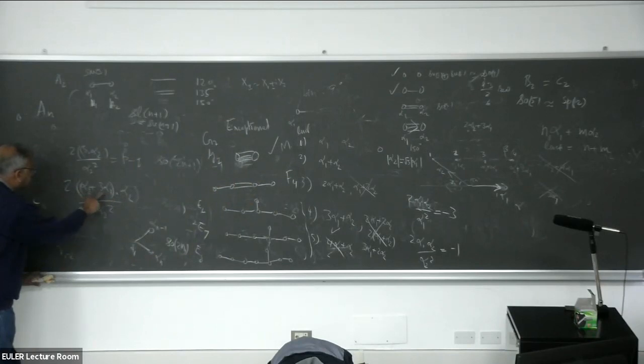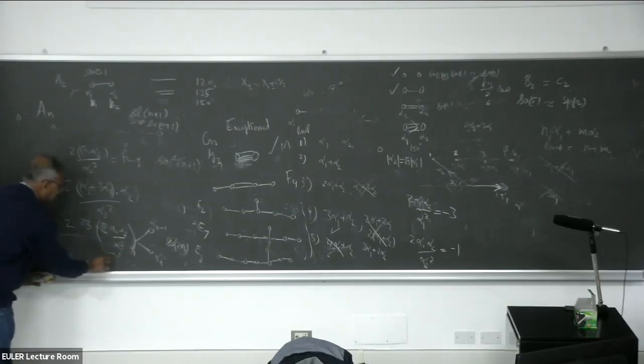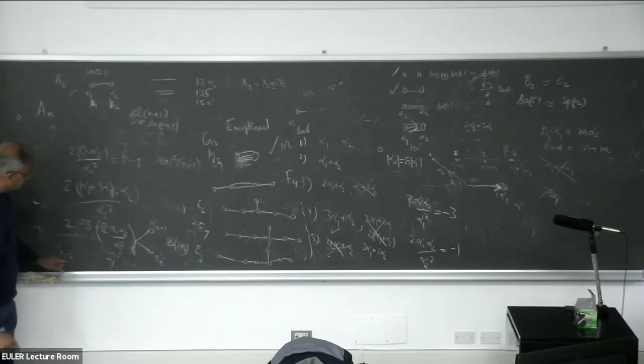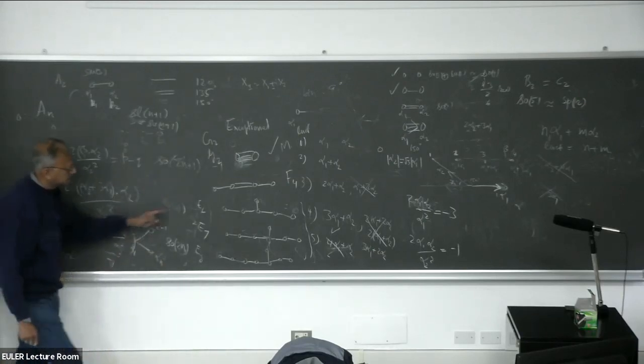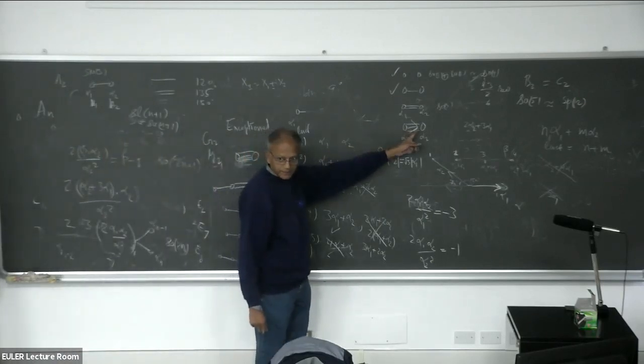And the second one is 2 times 3 times alpha 1 dot alpha 2 divided by alpha 2 square. But that is minus 1, right? When it was alpha 1 square, this was 3. That is the reason why we have these 3 lines.